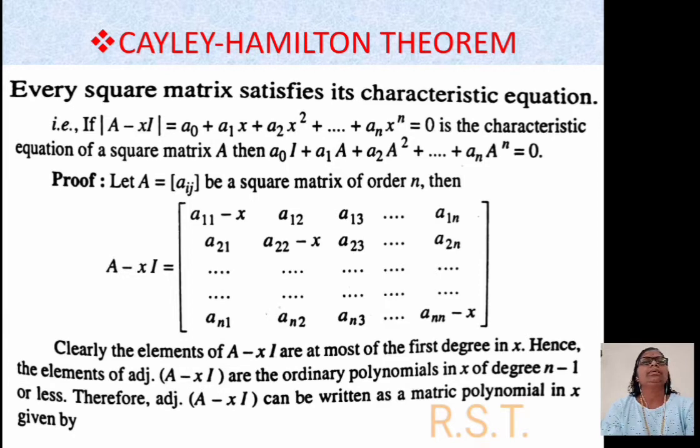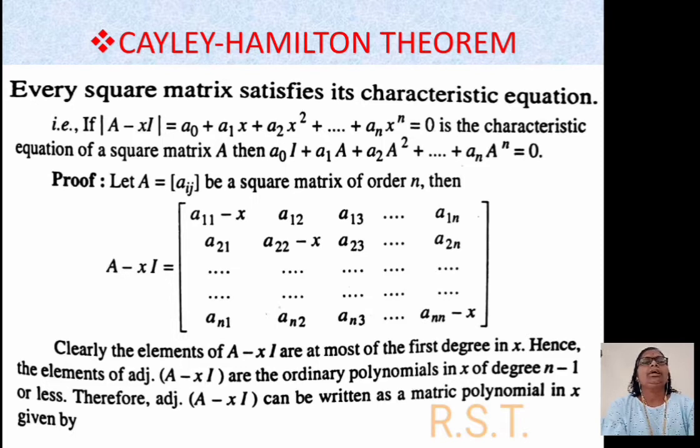That means if A is any square matrix, then you know that its characteristic equation is determinant of A minus xI equal to 0. And if determinant of A minus xI equals a0 plus a1x plus a2x squared plus up to an x raised to n equal to 0, then we have to prove that square matrix A satisfies this characteristic equation.